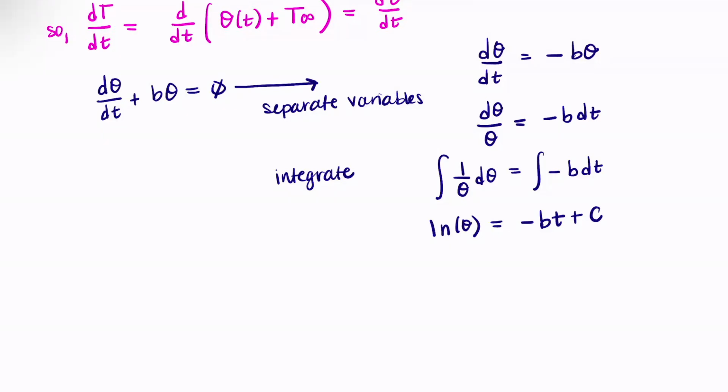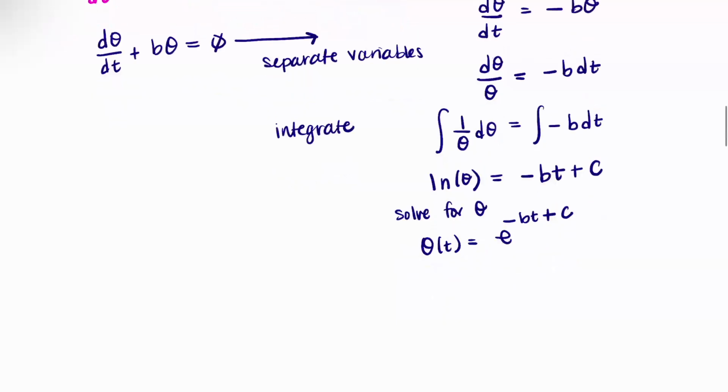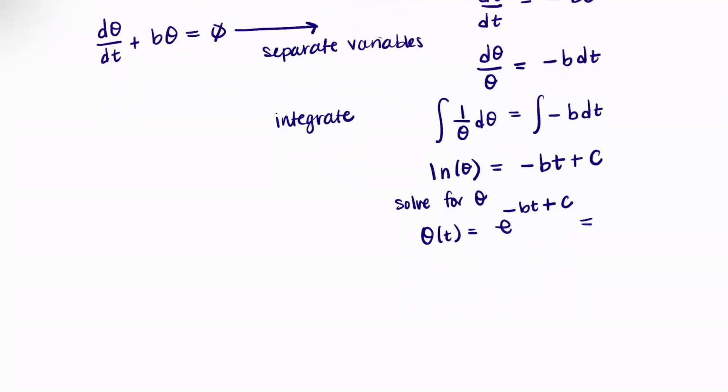All right, so we want an expression for theta, so we need to solve this for theta. I'm going to exponentiate both sides, so I have that theta as a function of time is equal to e to the minus Bt plus C. And then we know, of course, that this is the same thing as e raised to the C times e to the minus Bt.